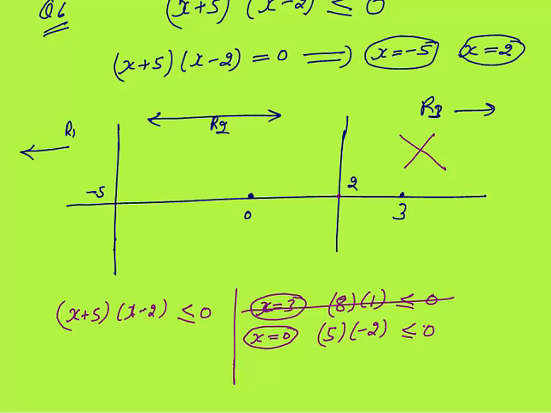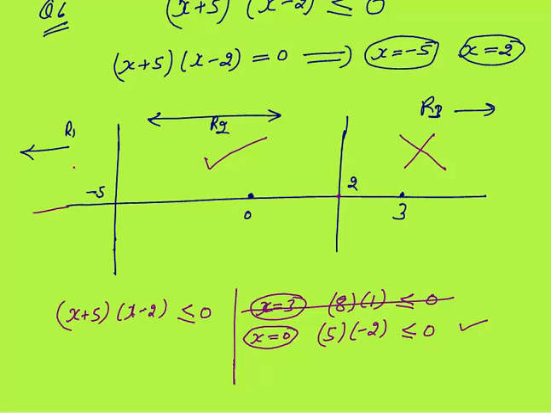Is this less than or equal to 0? Yes, this region satisfies, because 5 into minus 2 is minus 10, which is less than or equal to 0. So this region will satisfy. Just check one value. If one value satisfies, all values satisfy. If one value does not satisfy, all values do not satisfy.